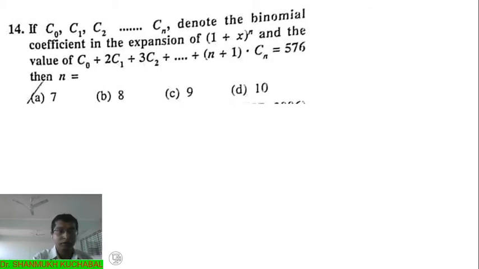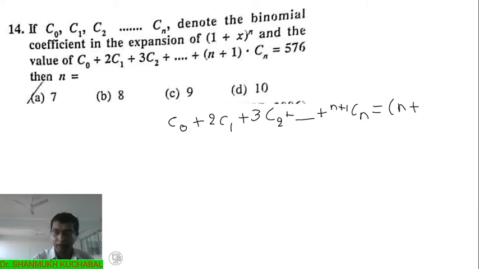We'll use one important formula: C0 plus 2C1 plus 3C2 plus so on, up to n plus 1 Cn, is given by the formula n plus 2 times 2 raised to n minus 1.